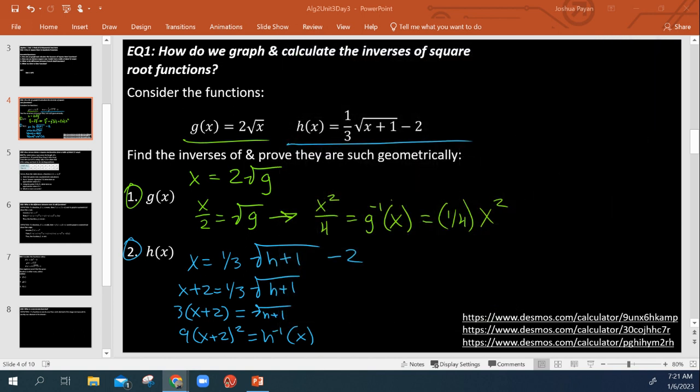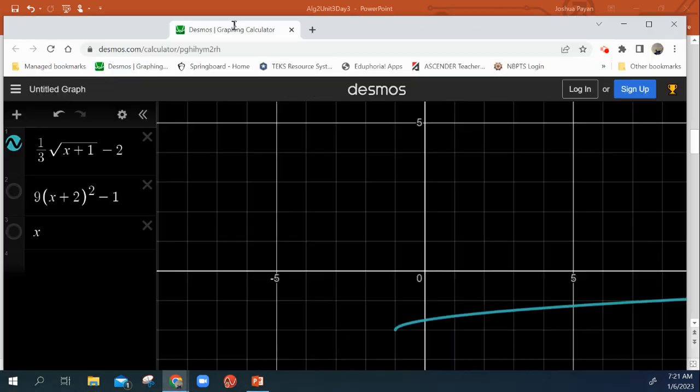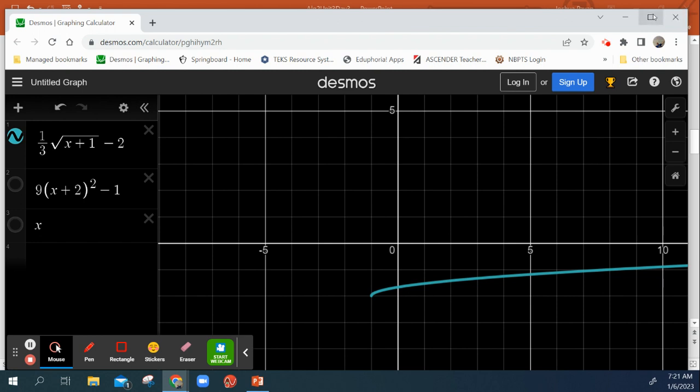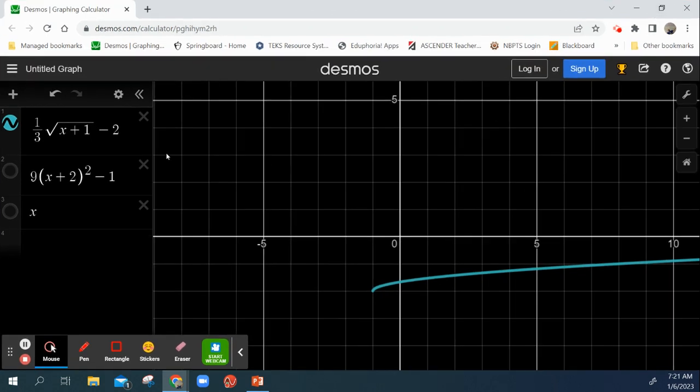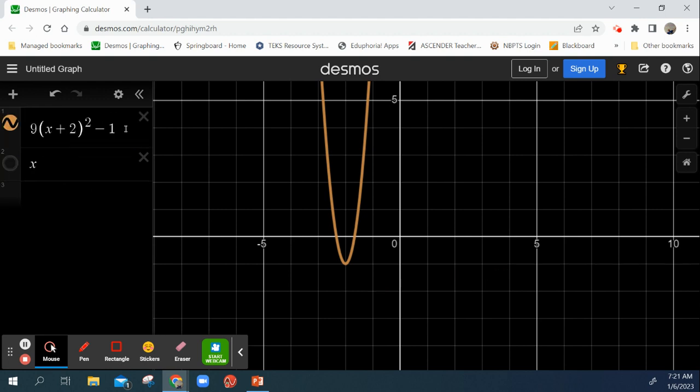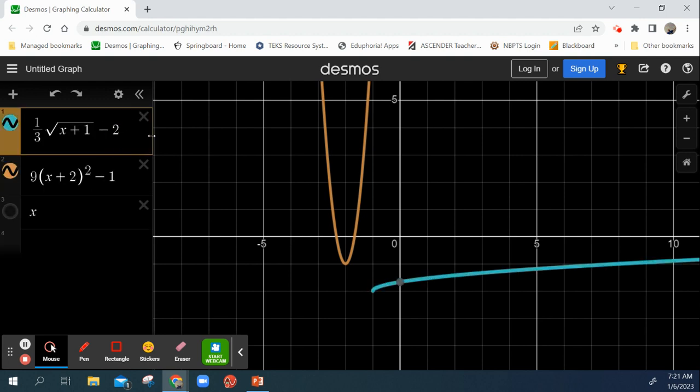Okay, so let's look at h of x now. Okay, so h of x, I might as well leave this one full screen. We see it's right here, and its inverse. Okay, symmetry is not so obvious. And I'm going to do something just to prove even more of a point. Symmetry is not so obvious yet.